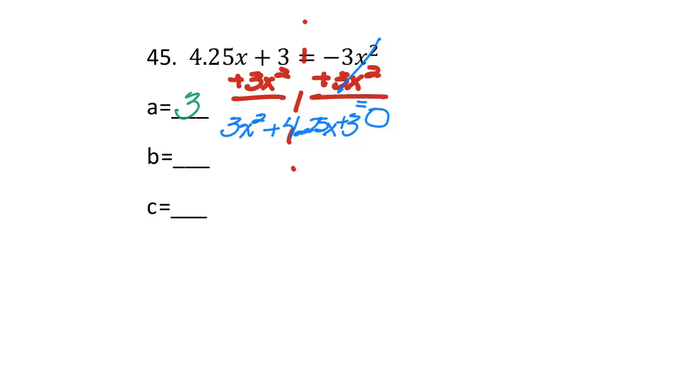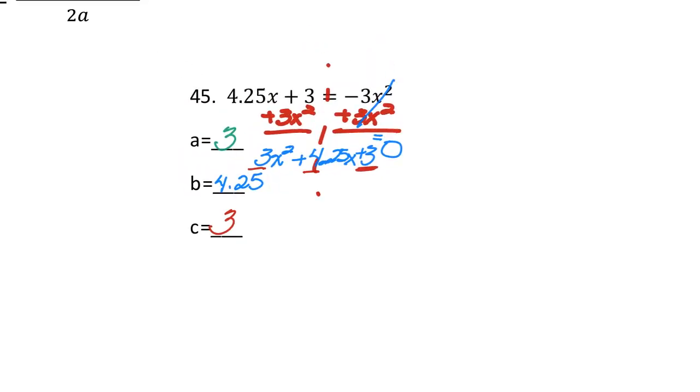Not negative. Yep, 4.25. And my C value, Jordan? Nope. Right here. So we're at A, B, and C. So it's another 3. Okay? Does everybody see how I found A, B, and C there?